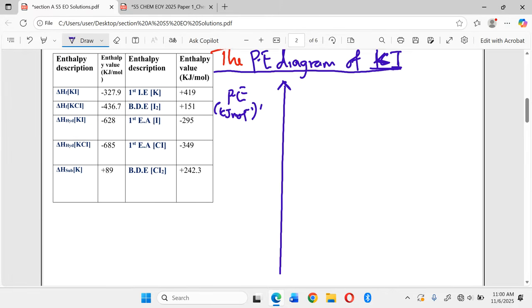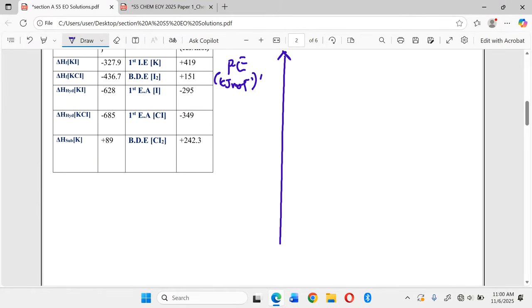And now we can start from 0. Since we are looking at potassium iodide, we can start with the formation of potassium iodide. If this is our 0, potassium iodide is formed from potassium, which is a solid, reacting with iodine, which is a gas. Iodine exists as a molecule, so we put iodine with a 2.